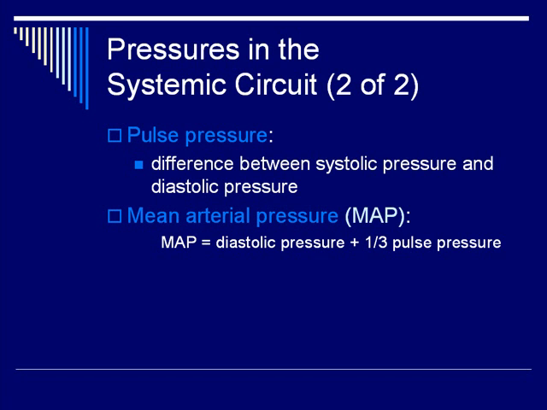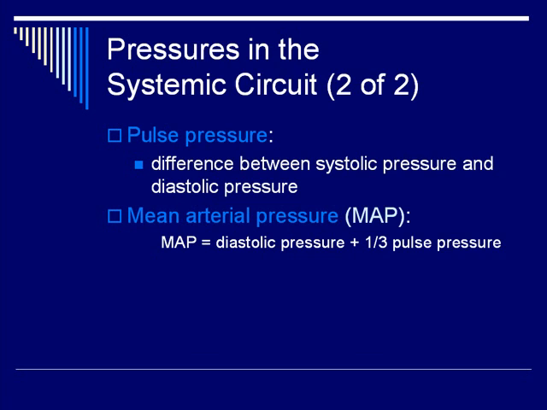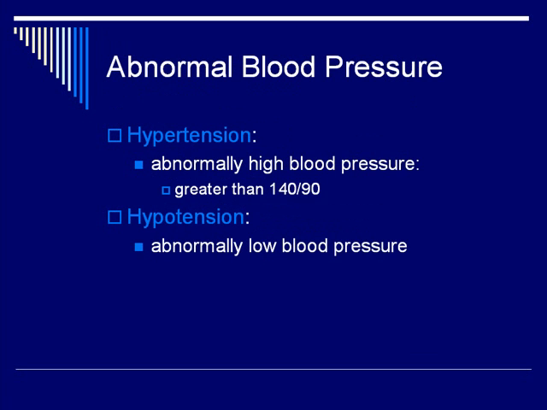There's also pulse pressure, which is basically the difference between the systolic pressure and the diastolic pressure. And then there is a mean arterial pressure, which is the diastolic pressure plus 1/3 of the pulse pressure. General terms that you should be familiar with: systolic pressure, diastolic pressure, pulse pressure, mean arterial pressure.